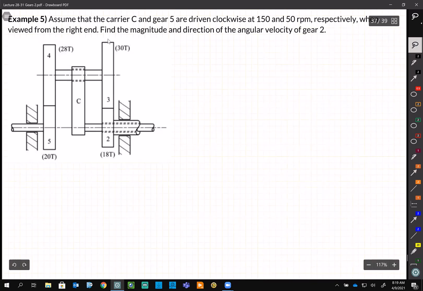So it says C is a carrier. Okay, we know and we can see it. And gear 5 is driven clockwise at 150 and 50 RPM.